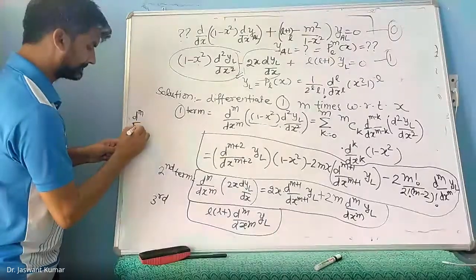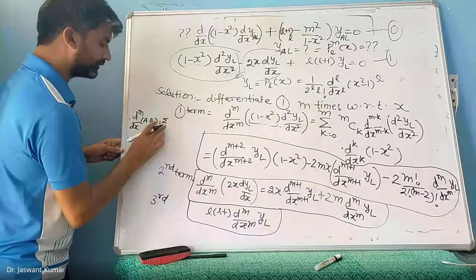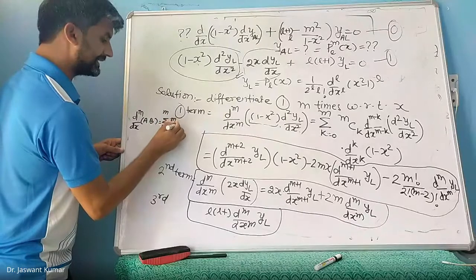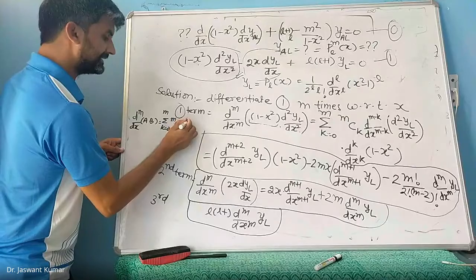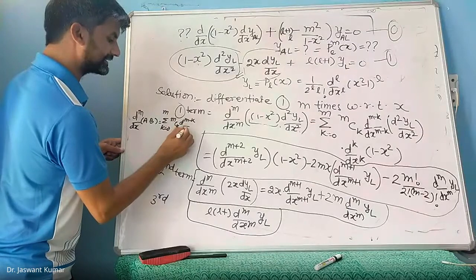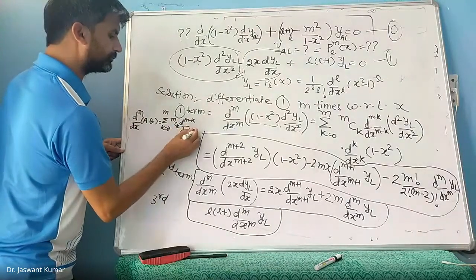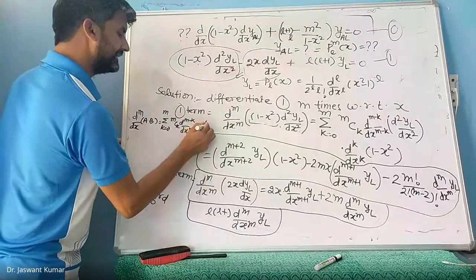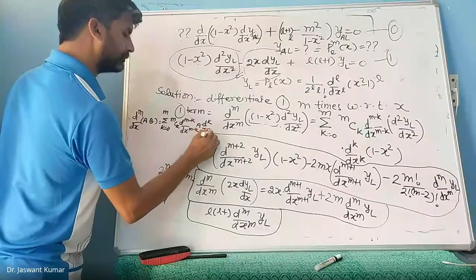Actually, my connection was lost. No problem. So see, dm by dxm of a multiplied with b is the summation, k going from 0 to n, mCk d^(m-k) by dx^(m-k) of a and then d^k by dx^k of b.